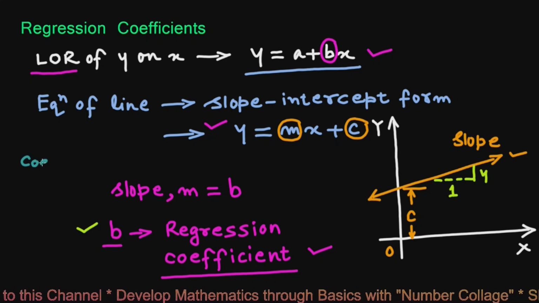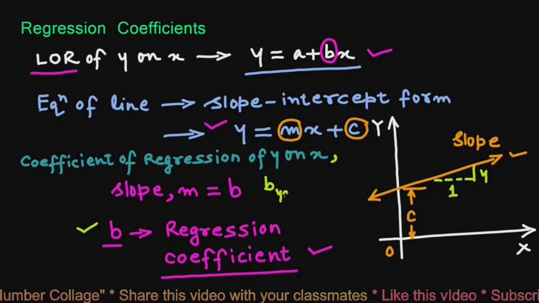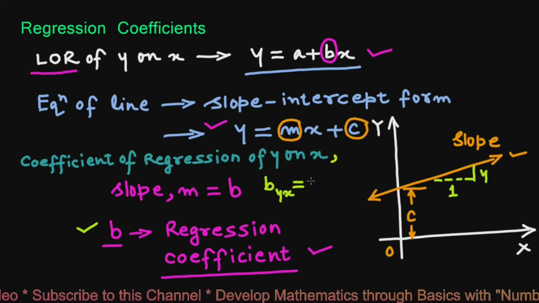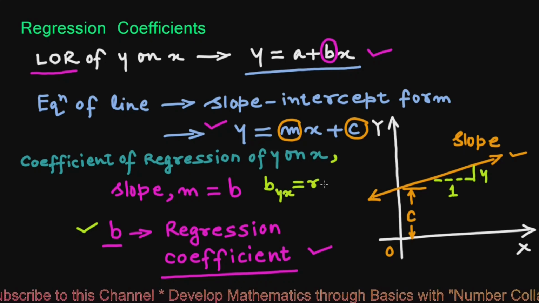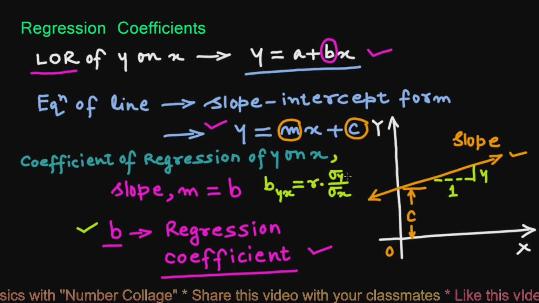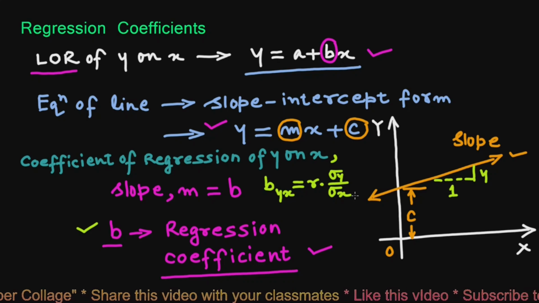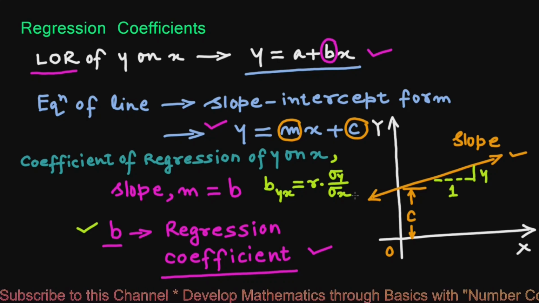Coefficient of regression of y on x is denoted by byx, which is coefficient of correlation r into sigma y by sigma x, where sigma y and sigma x are the standard deviations in y and x respectively.